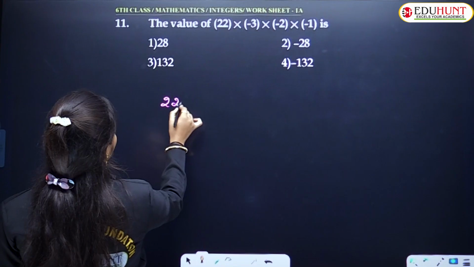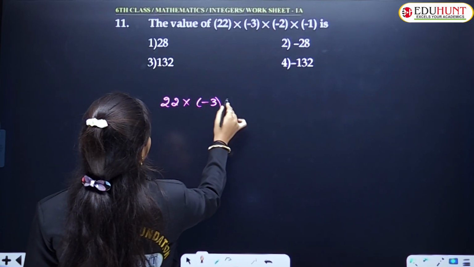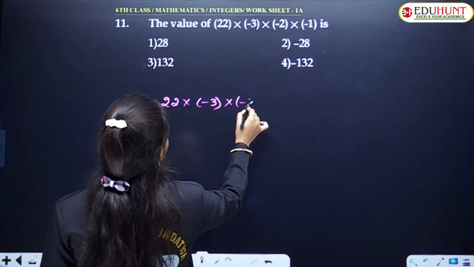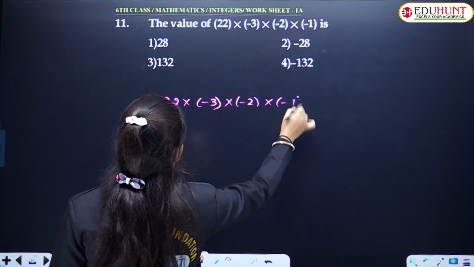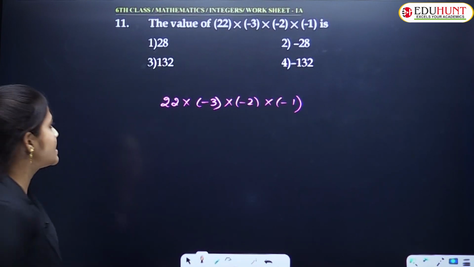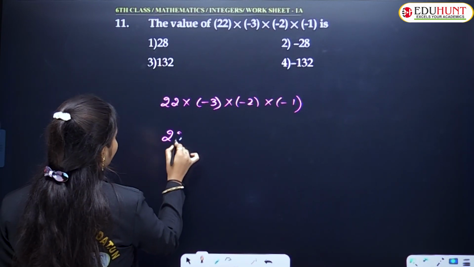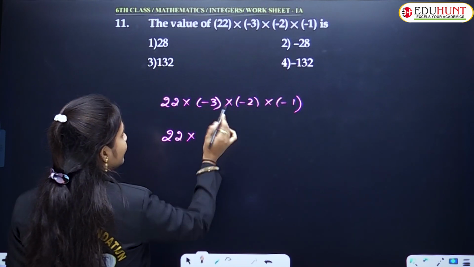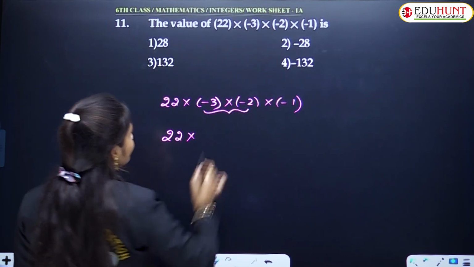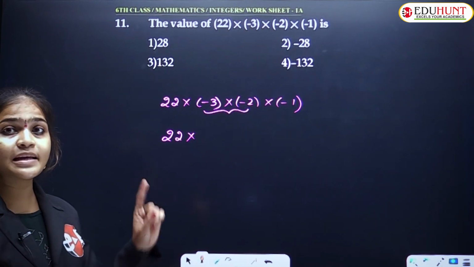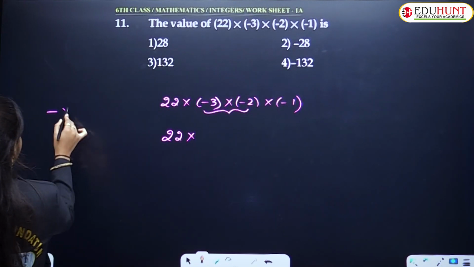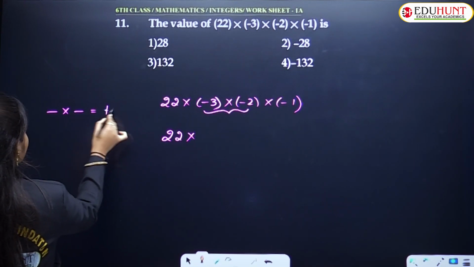The value of 22 into minus 3 into minus 2 into minus 1. Just observe, here write 22 as it is, into, here minus into minus is a plus.